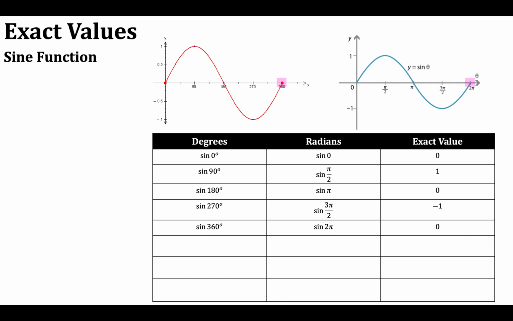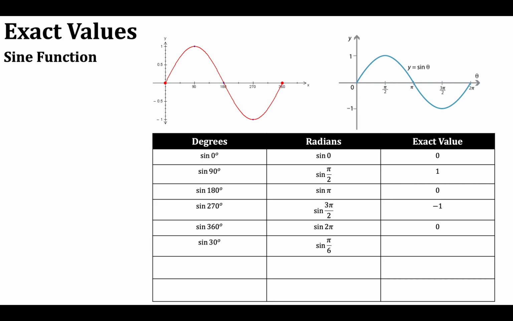Now, in the last lesson when we learned about radians, I mentioned the angles 30, 45 and 60 degrees. That's pi over 6, pi over 4 and pi over 3. That's because those are exact values that we can work out in relation to trig functions.